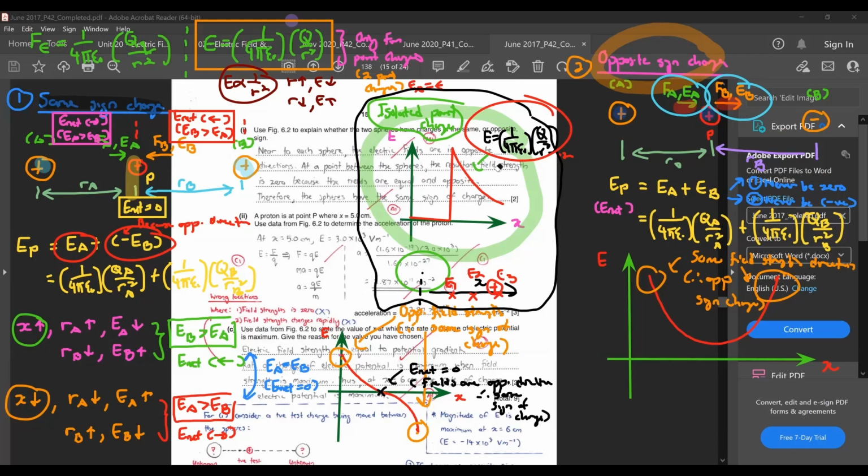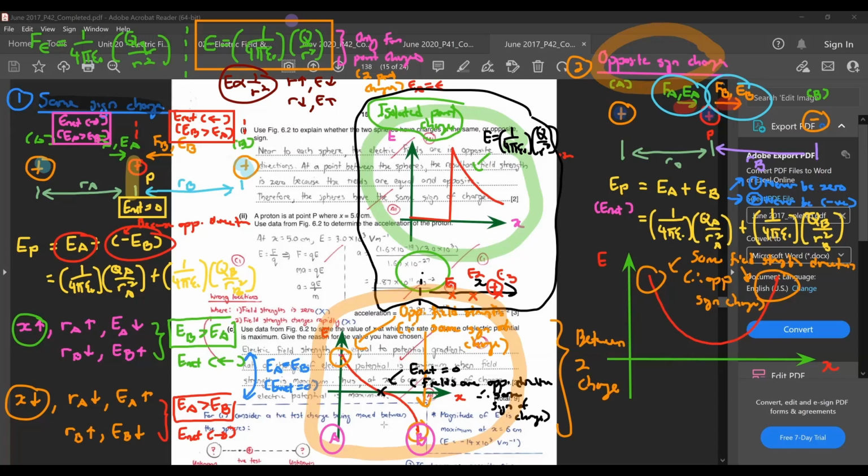But for the other graph, the one that you're seeing right over here, this one is usually for between two charges. If you look at this diagram here, there was actually a sphere A right over here and a sphere B right over here.